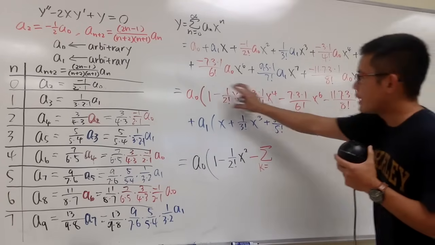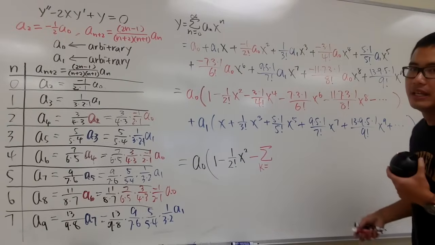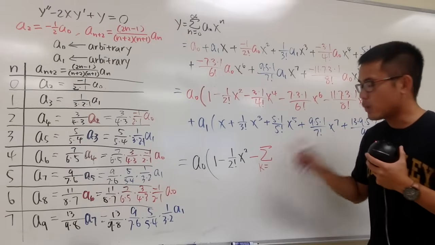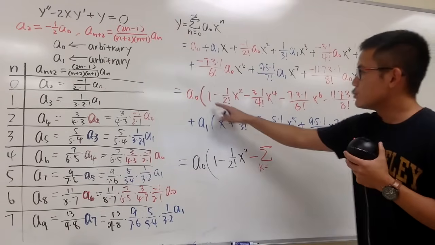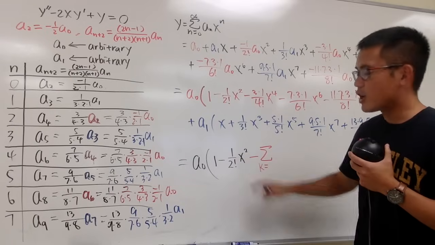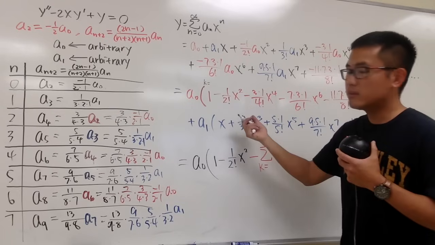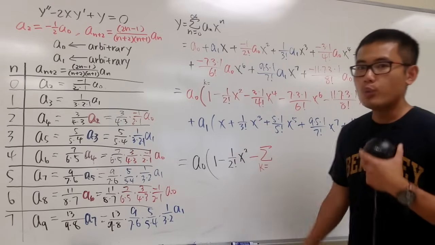And now I have to go back to here and then try to write a formula in terms of k. And the first question is, k starts with what though? Well, this was my first term and that was my second term. I should say right here that's labeled k is equal to whatever. And when we're doing power series, we like to start with 0.